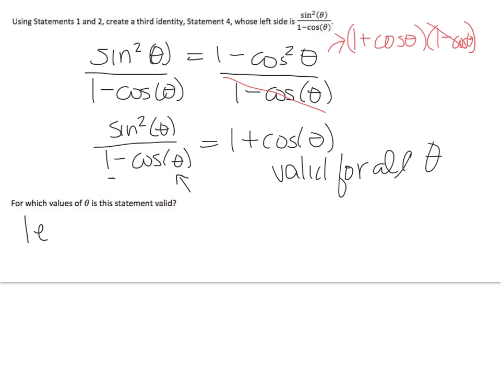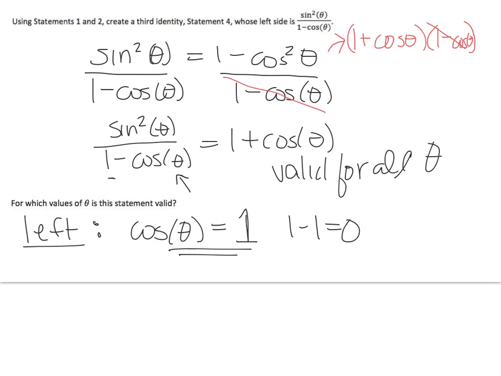So, for which values of theta is this statement valid? If I look at just the left side, cosine theta, we're always worried about the denominator being 0. If we get a value of theta which gives us cosine equals 1, then the denominator will be 0, because 1 minus 1 is 0.